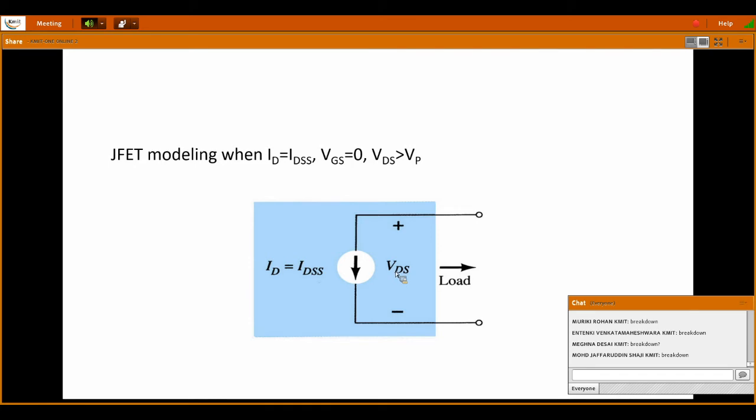When VGS is 0 and VDS is applied at pinch off, ID is equal to IDSS. Whatever we have learned point-wise is drawn circuit-wise. So this is the JFET model.